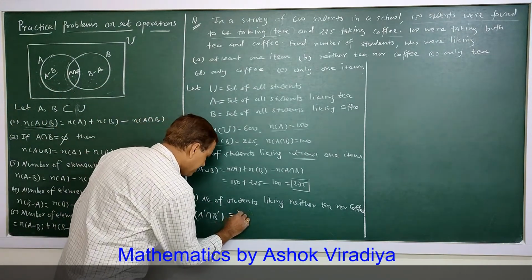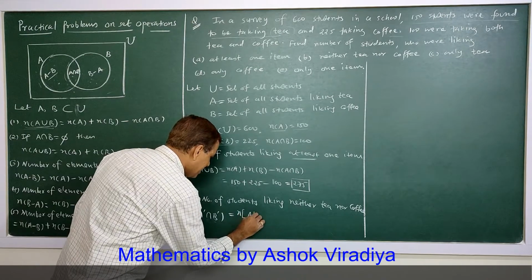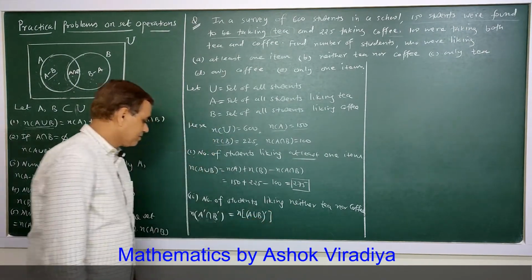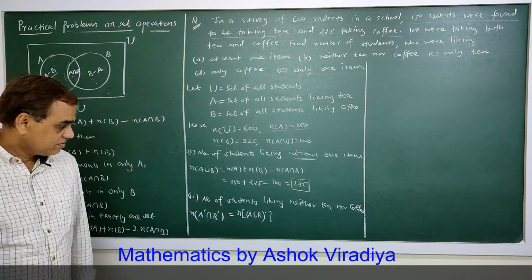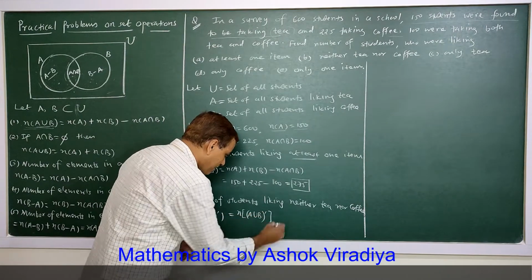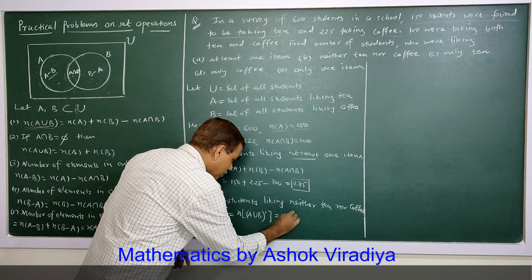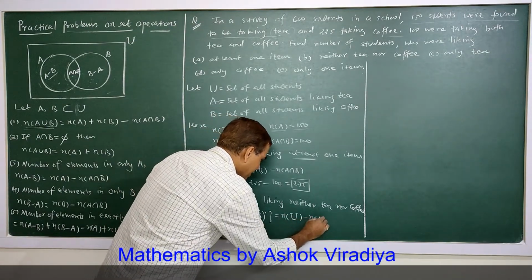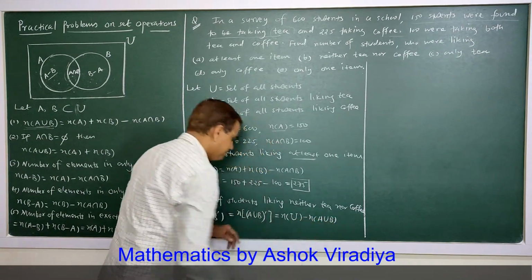A dash intersection B dash can be expressed as A union B whole dash by De Morgan's law. Now the number of elements in the complement of any set is equal to the number of elements in the universal set minus the number of elements in A union B.